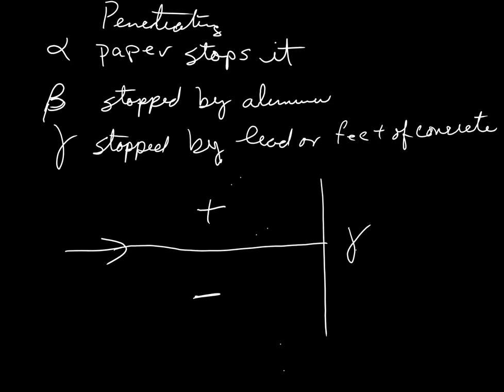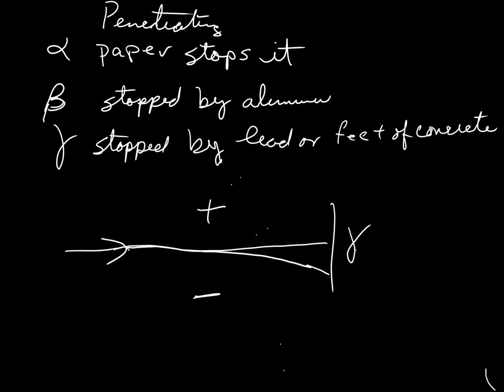The alpha particle is a helium nucleus. That means it's got 2 positive pieces, 2 neutral pieces, so it's positive. So when you shoot an alpha particle, it's going to be pulled towards the negative sign.